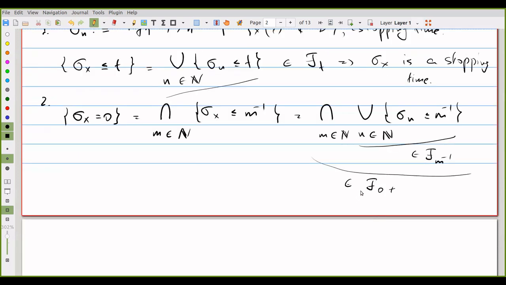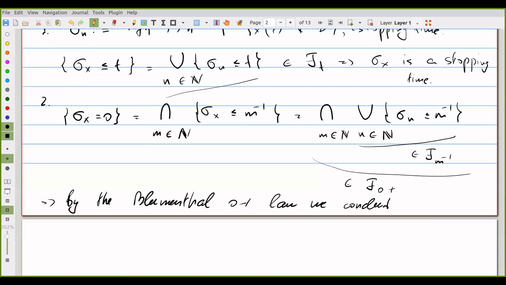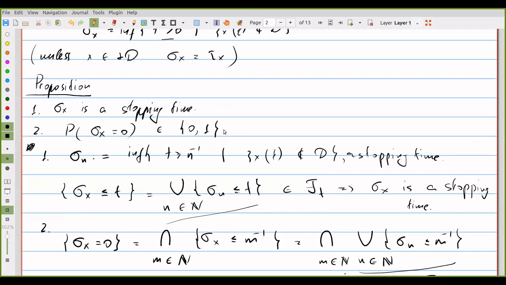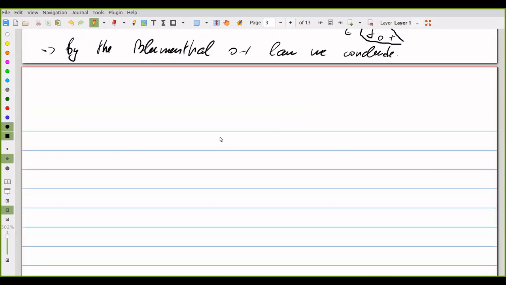We take the right-continuous version of our filtration, so this belongs to its value at 0. But we have the Blumenthal 0-1 law, and we conclude, because we established early in our course that this consists only of sets of zero and full measure. We already used this very similar argument when we were discussing some stopping times earlier in this course.